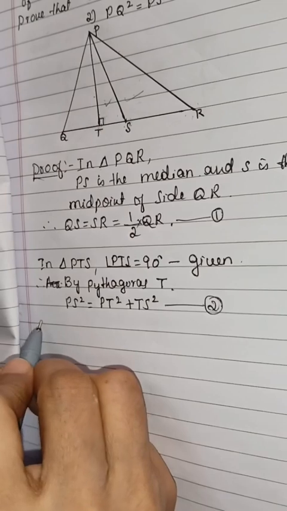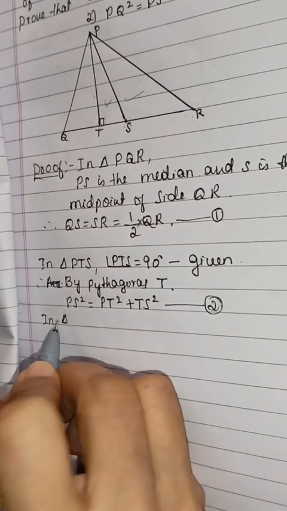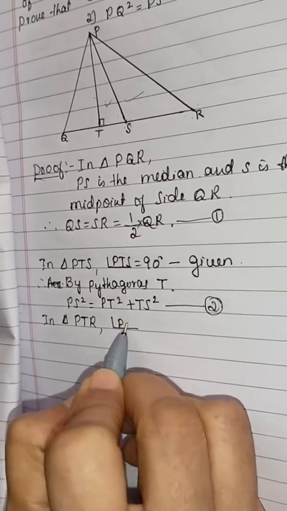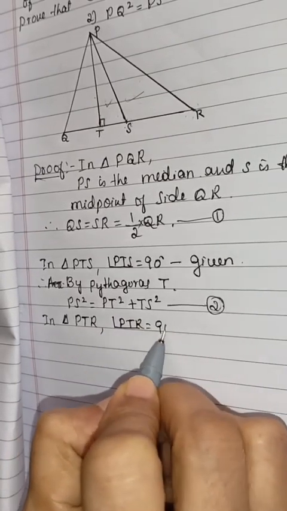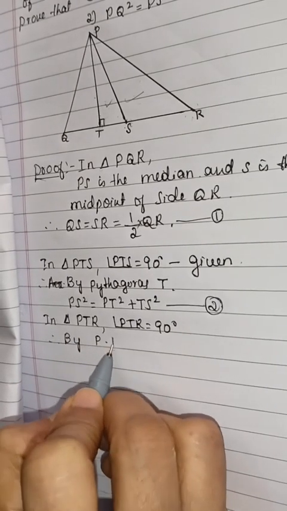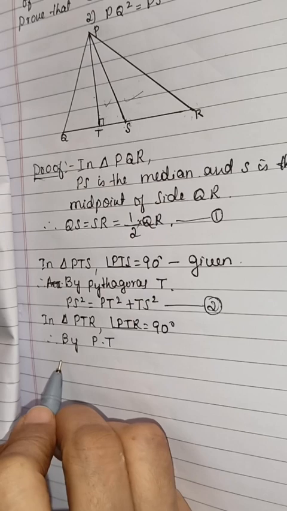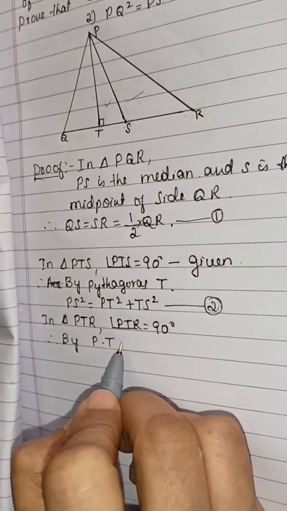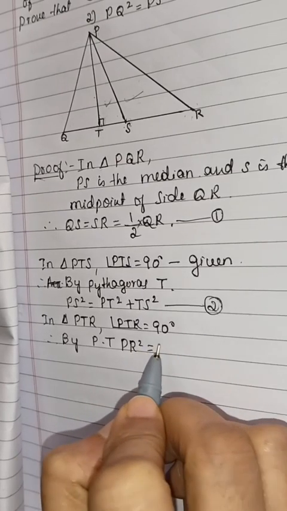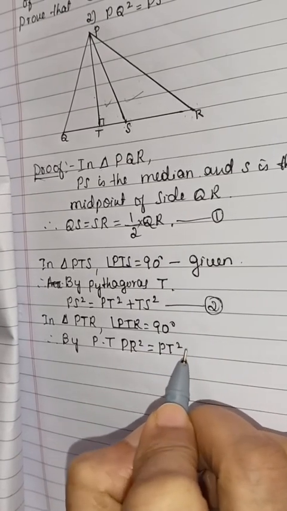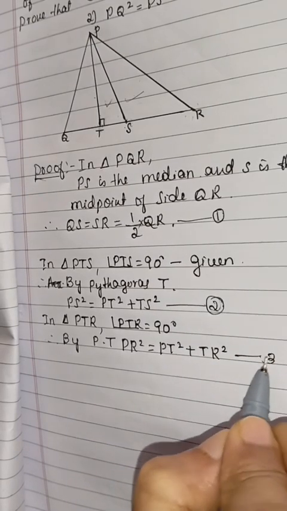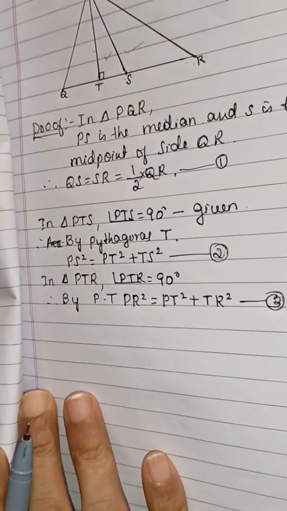In triangle PTR, angle PTR is 90 degree. Therefore, by Pythagoras theorem, PR square equal to PT square plus TR square. This is equation number 3.